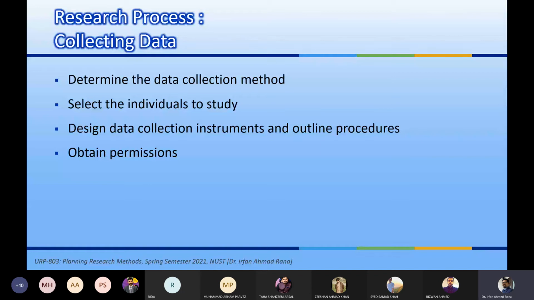Obtain permissions. Now this is a very important part. You might not have covered it in your bachelor's, but in your postgraduate and doctoral research, it is integral to obtain permission or consent from the interviewee or respondent.